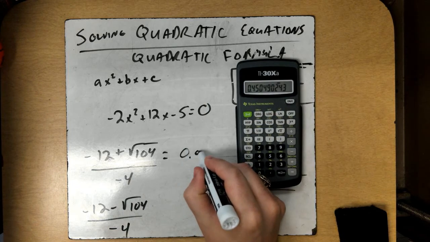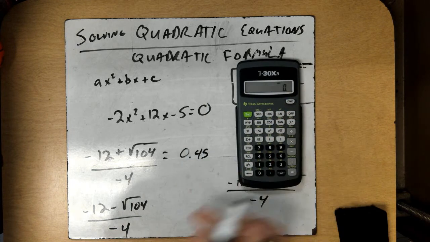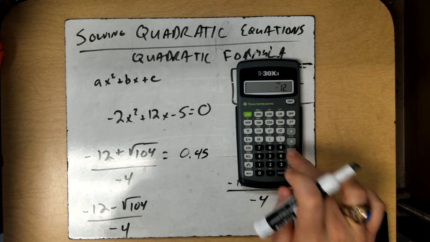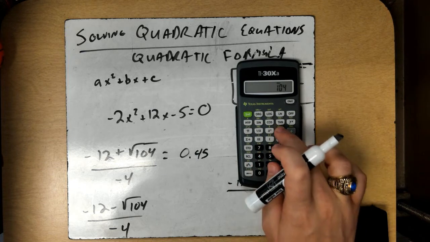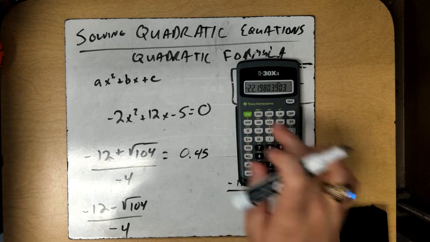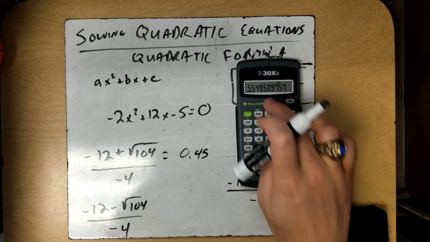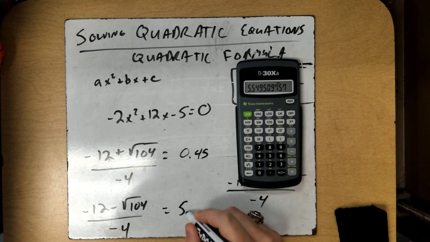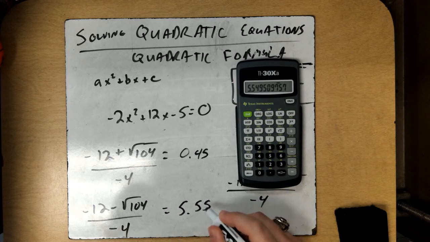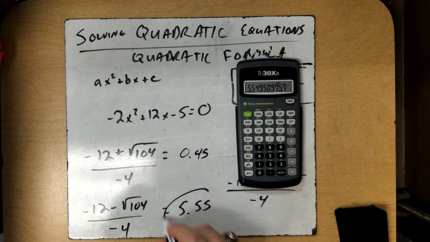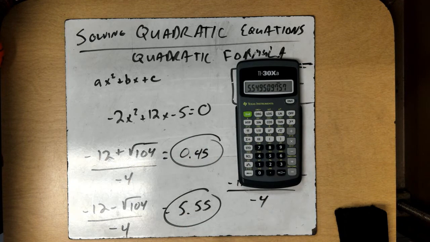Then negative 12 minus the square root of 104 equals, divided by negative 4 equals 5.55. Those are our two answers, okay?